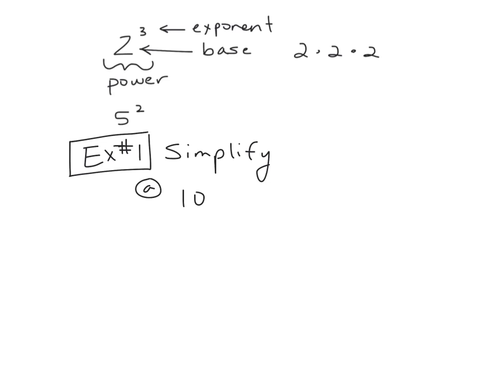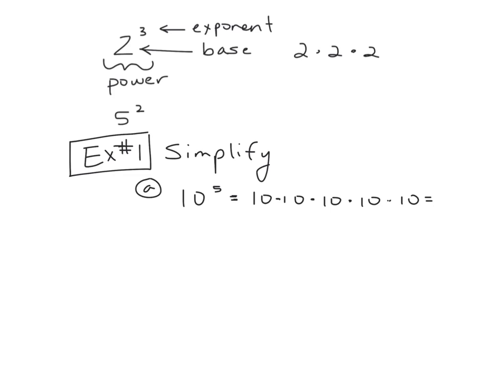So for instance, this first one, if I say 10 to the 5th power, can anyone tell me what that is? You're on the right track, but it's times 10, right? 10 times 10 times 10 times 10 times 10. So you're multiplying 10 by itself 5 times: 1, 2, 3, 4, 5.